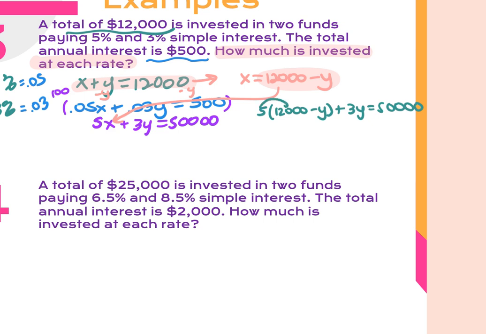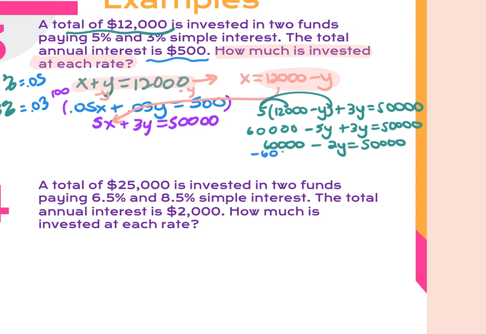All right, then I'm going to distribute the 5 in. So 3 zeros, 4 zeros, and a 6. So 60,000 minus 5Y plus 3Y equals 50,000. And I'd get 60,000 minus 2Y equals 50,000.